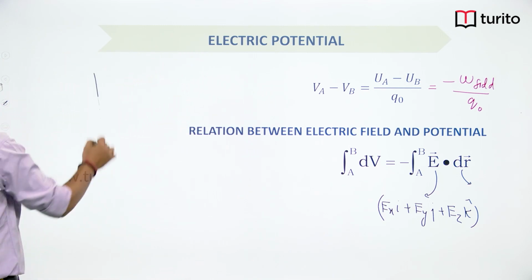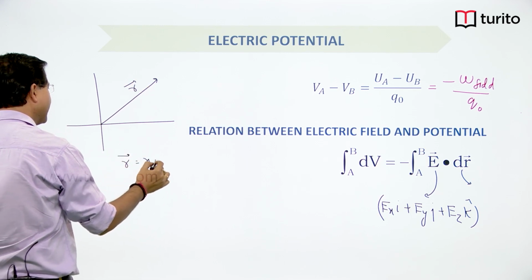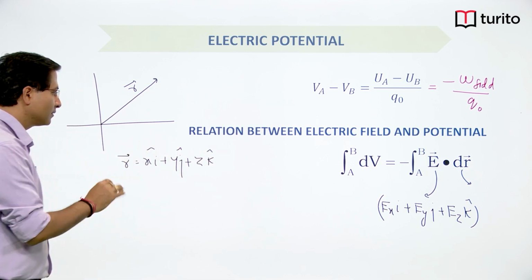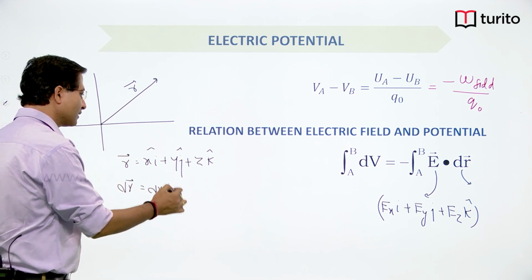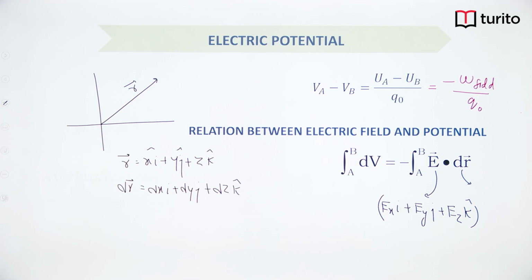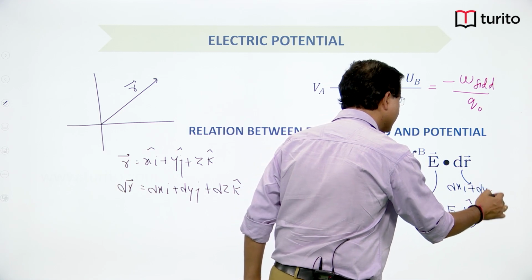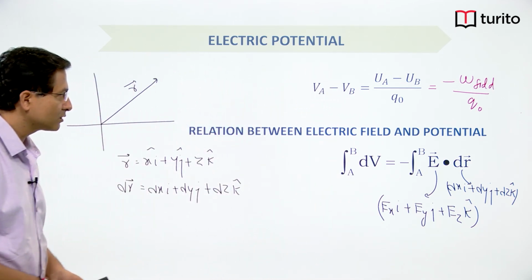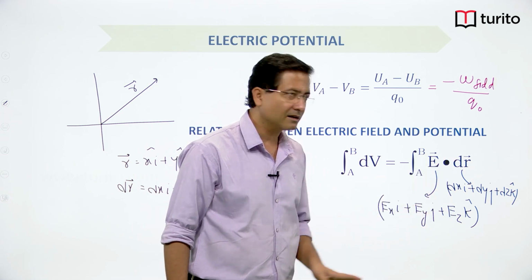So, if this is the r vector and you are writing the r vector as xi plus yj plus zk, if you differentiate, then you will write dr is equal to dxi plus dyj plus dzk. That means this dr is nothing but dxi plus dyj and dzk. So, this E I am writing is Exi plus Eyj plus Ezk, and similarly this dr is this one.